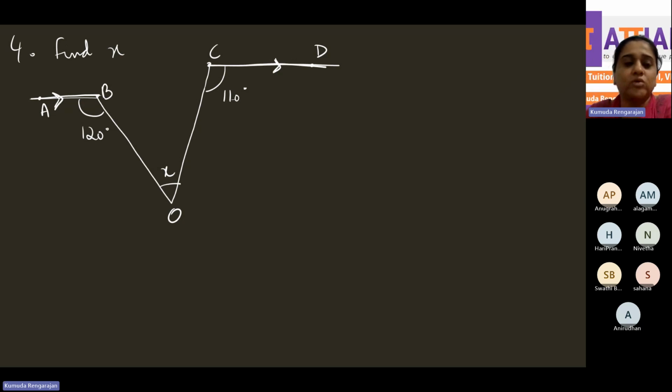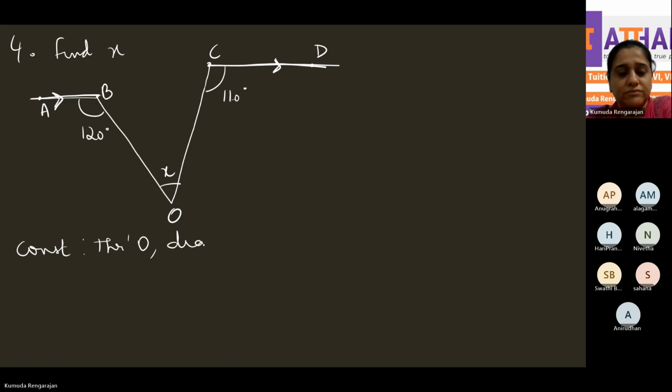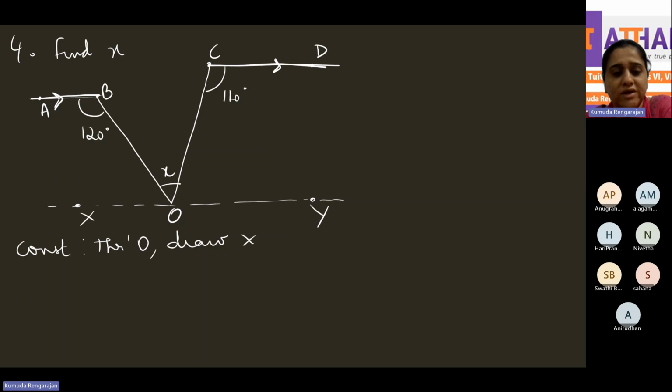Okay, now I am going to use the question figure. The construction is through O. Through O, draw XY parallel to any one of the two lines, AB or CD.